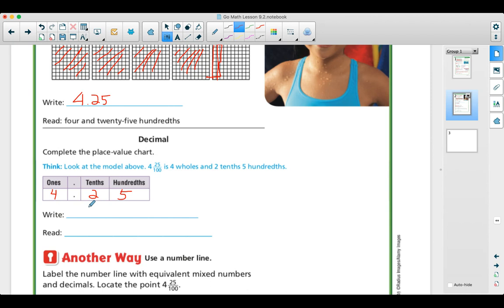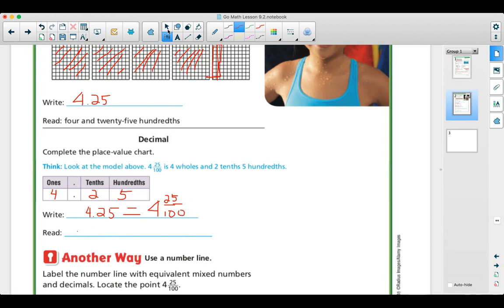So that's how you write it. 4 and 25/100ths, which is equal to, if you had to write it as a mixed number, 4 and 25/100ths. So you're just taking the mixed number and rewriting it as a decimal.